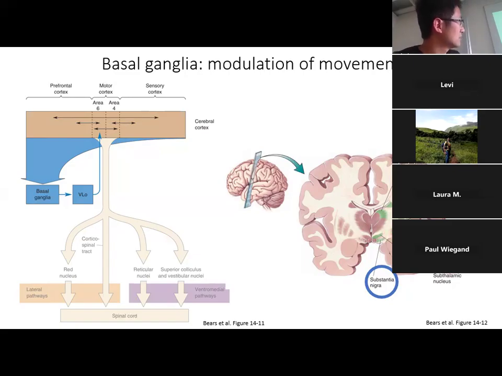We'll come back to it in the next slide. And this subthalamic nucleus is considered to be part of the basal ganglia, but actually it's also part of the thalamus. That's why it's called kind of thalamic here. And the important thing I want to mention is the substantia nigra. It's the location where a neurotransmitter called dopamine is produced. And this is very important for movement initiation. And we will see later what happens if this part has a problem.